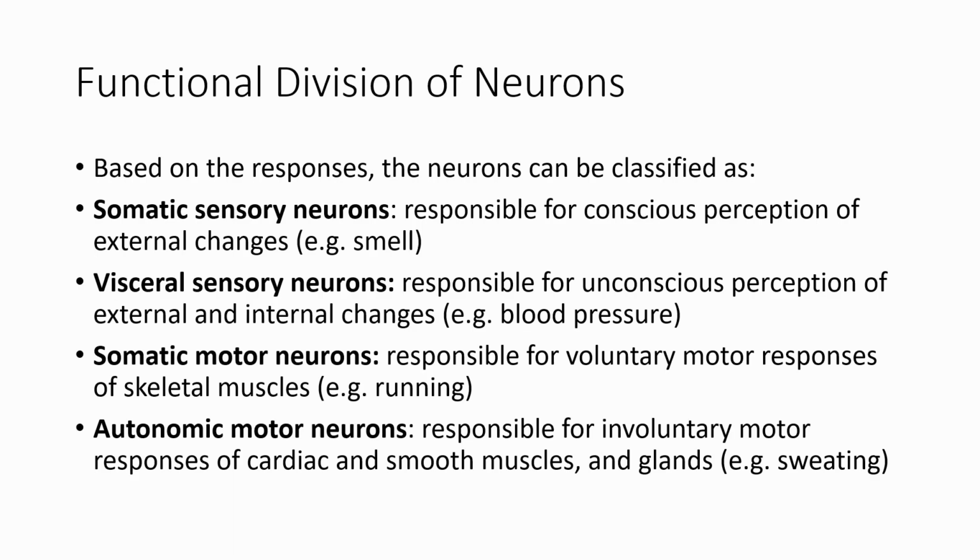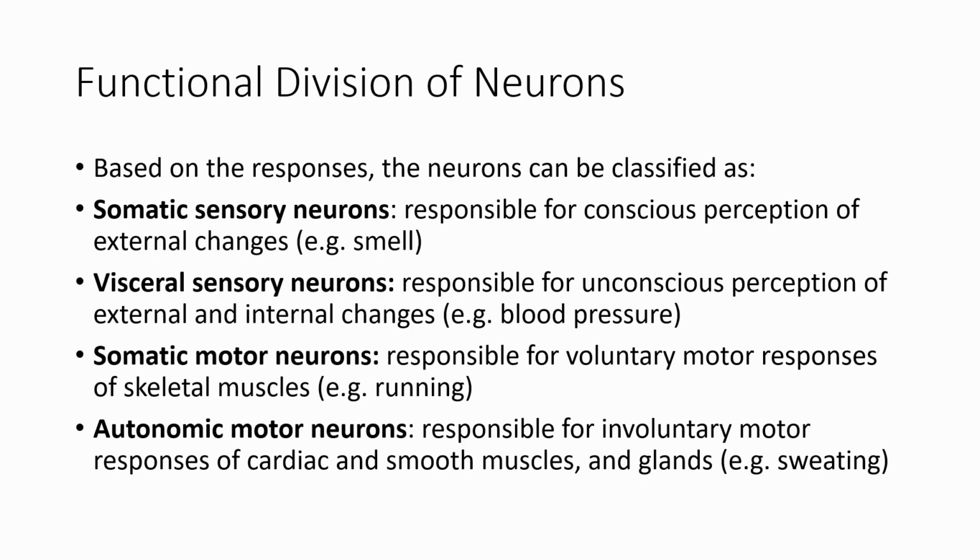We can have somatic sensory neurons. Again, when you think senses, you're probably thinking of somatic sensory neurons. You're thinking of smell, sight, touch, things that you're consciously aware of. You're aware of, like, this table feels smooth versus if I feel the gravel, it feels rough. Or if I see something that's red versus something that's blue. So those are all somatic sensory neurons that allow us to bring that information in, and we're aware of that information.